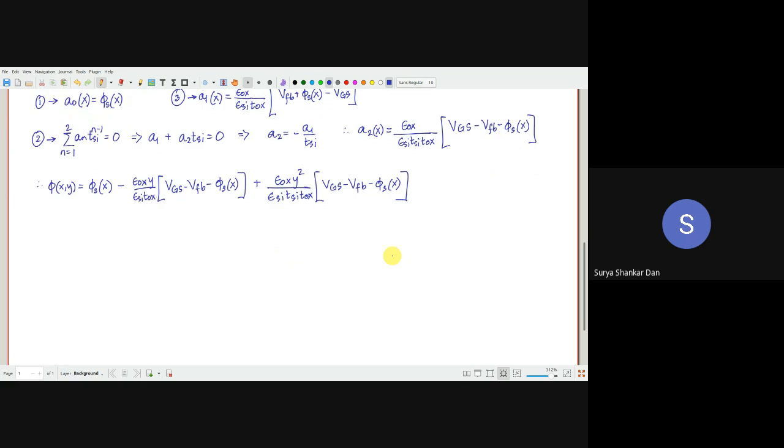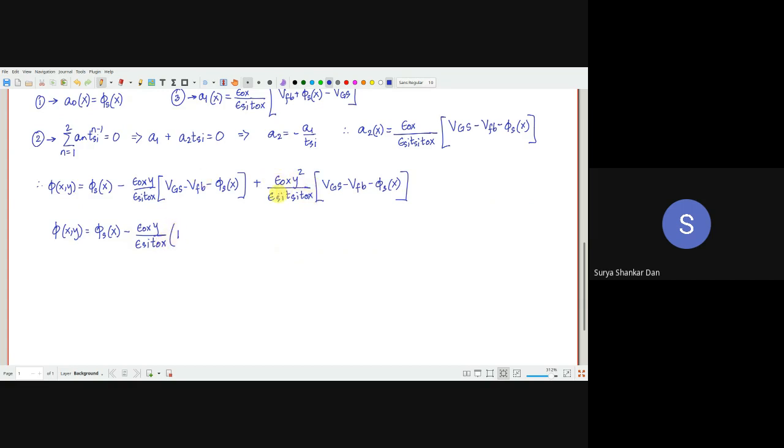Okay? So what we can do is phi of x comma y is equal to phi s of x minus epsilon ox y by epsilon si tox. I am just taking this common, okay?